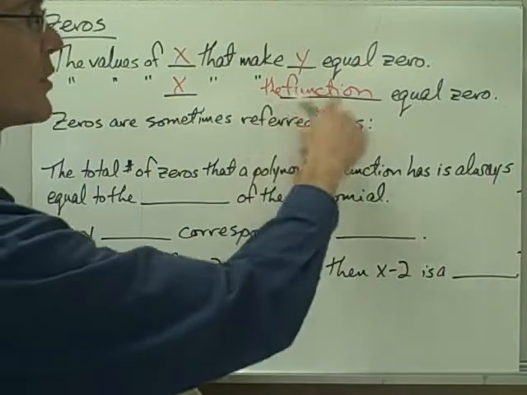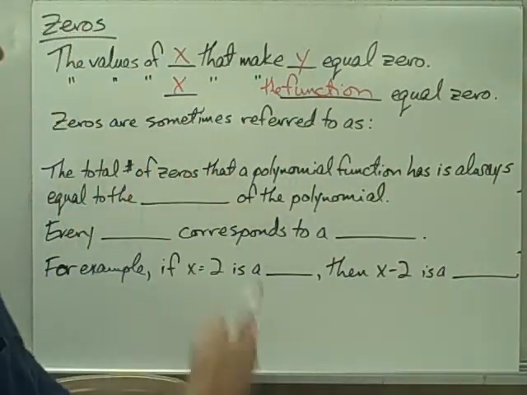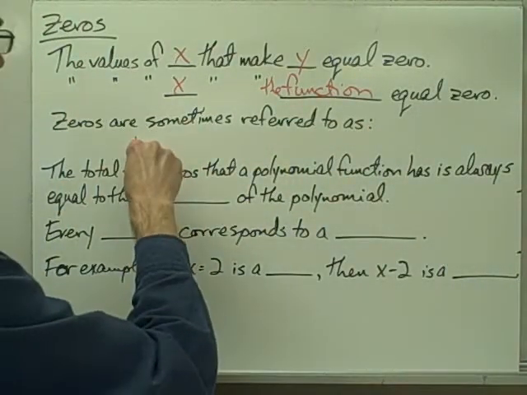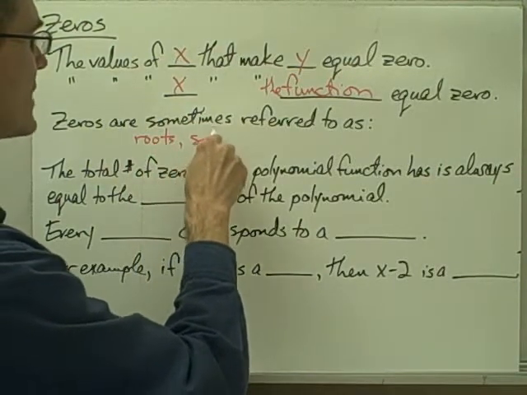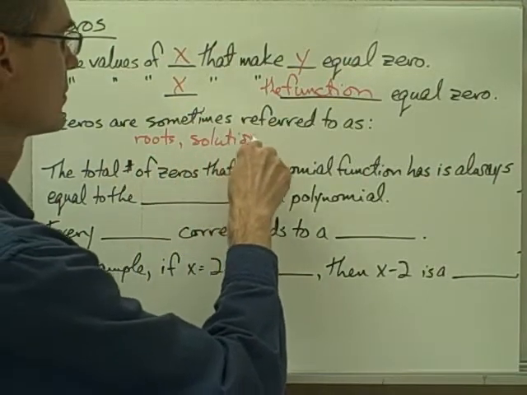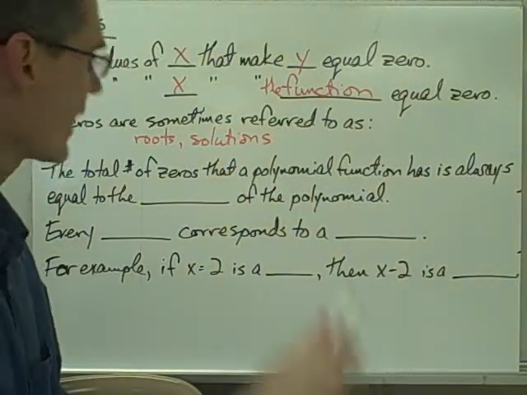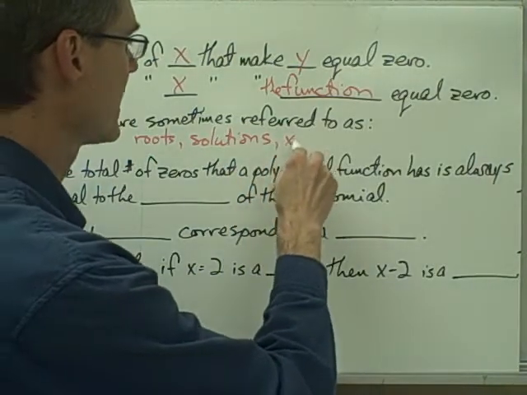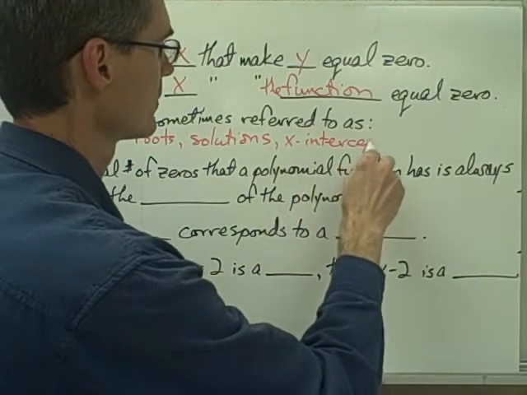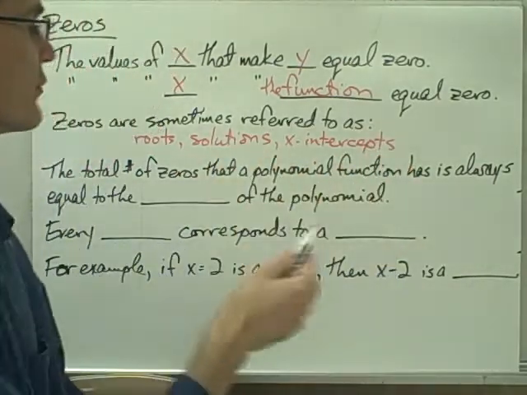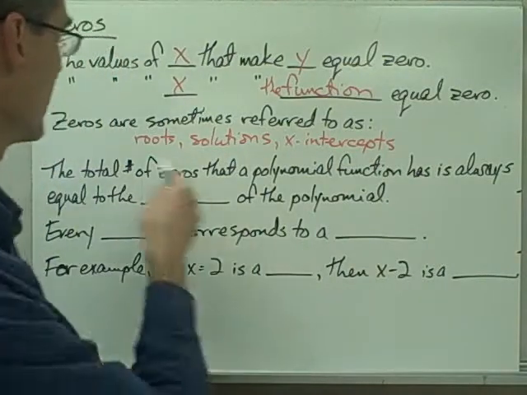That's why they're called the zeros of a function. Zeros are sometimes referred to as roots, sometimes as solutions, and sometimes as x-intercepts. All just different terms for the same thing.